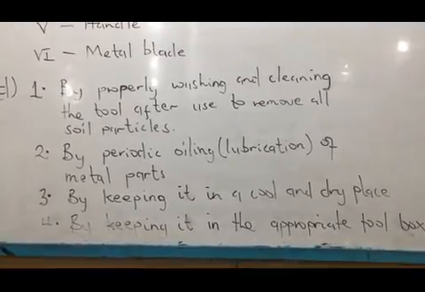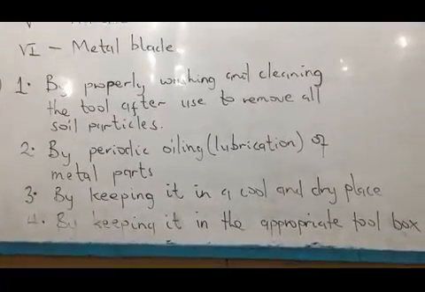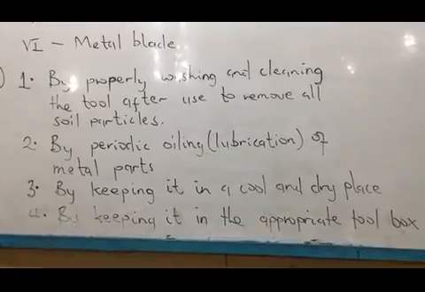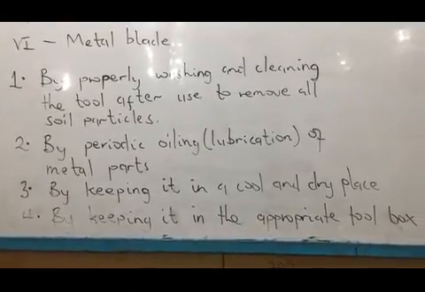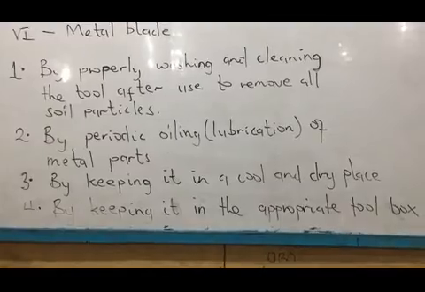If it is exposed to moisture, it will lead to rust. The metallic part will rust. And then you can also keep it in the toolbox. And so these are ways of maintaining 2D.